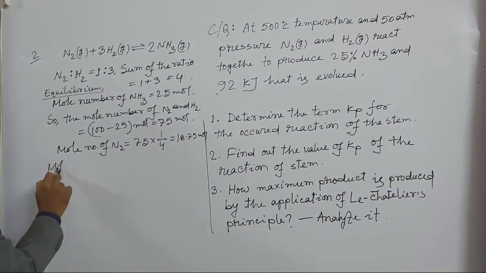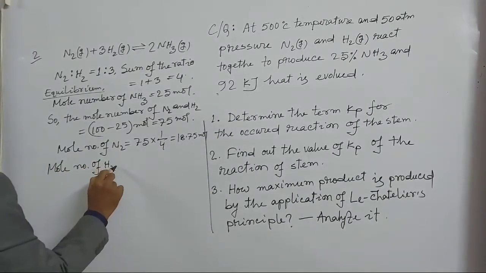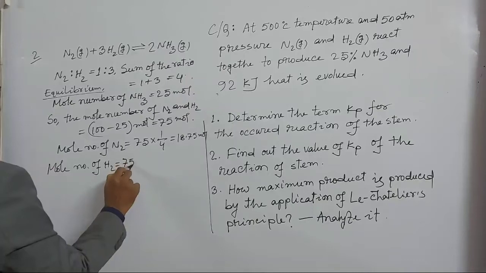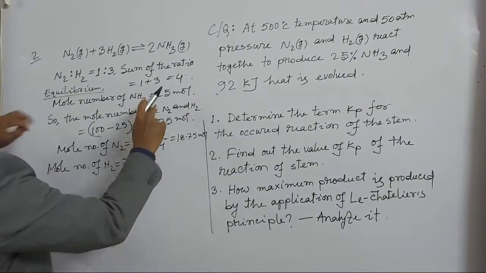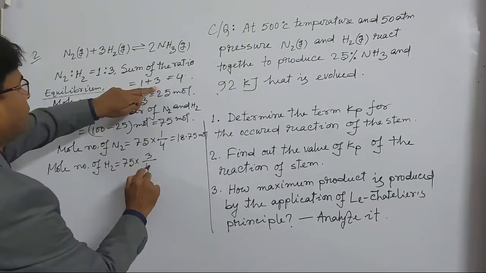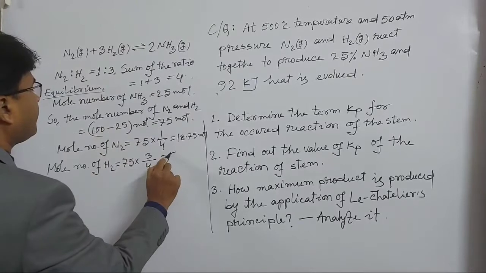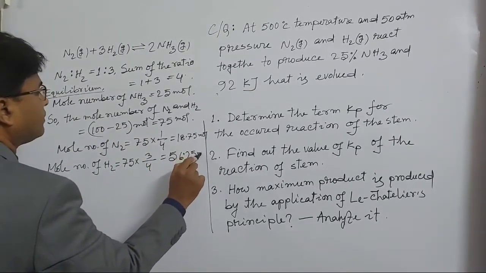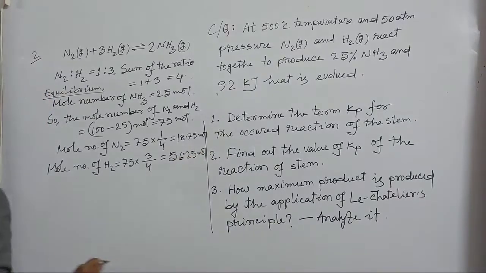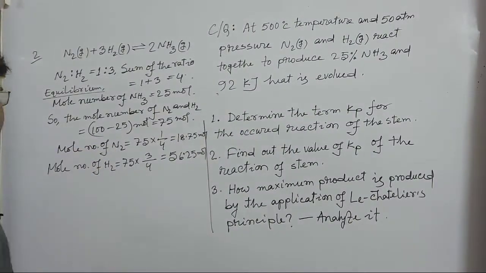Mole number of hydrogen is equal to 75 into 3/4, which is equal to 56.25 mole. Students, now I have to calculate the partial pressure of ammonia, nitrogen and hydrogen.